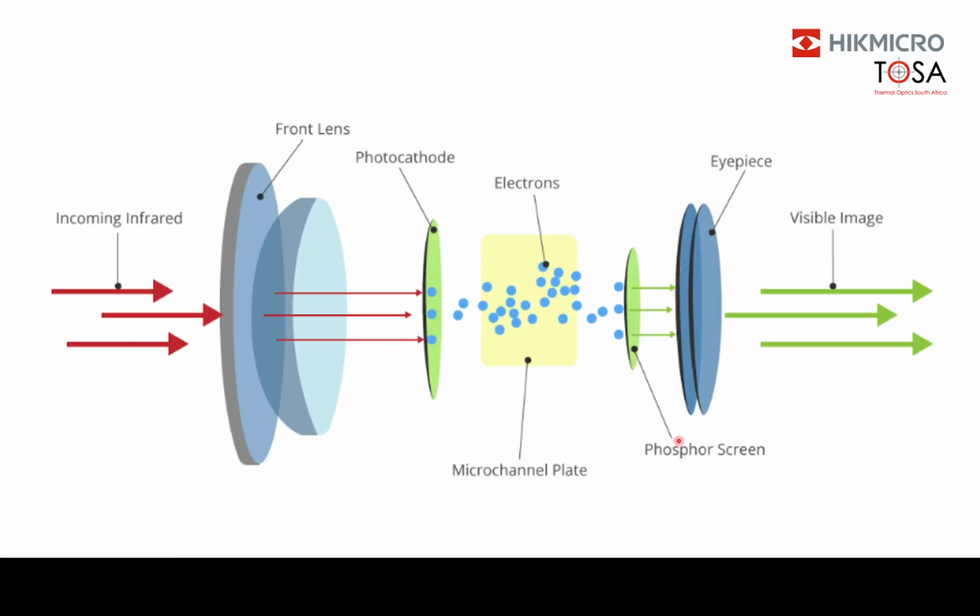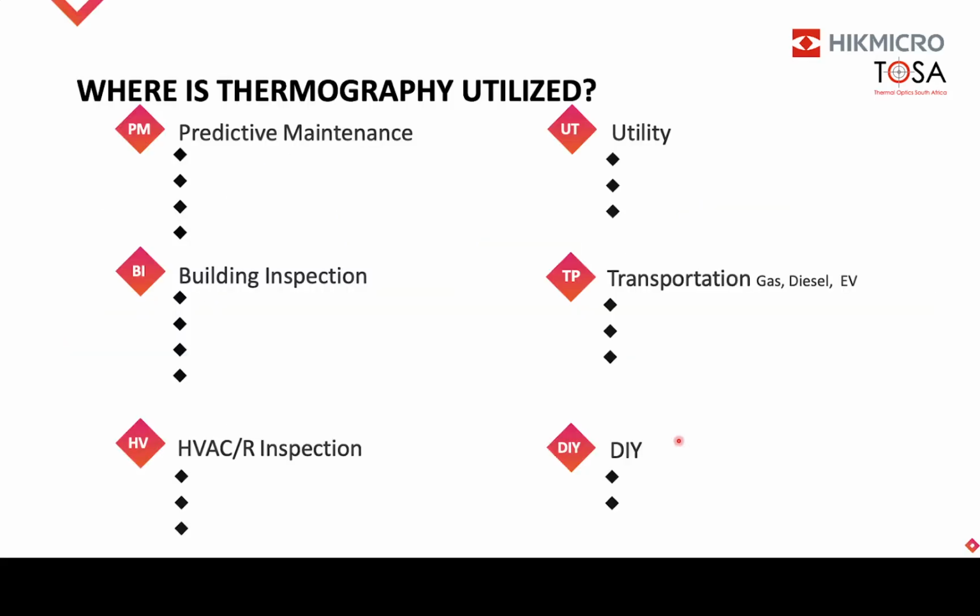When they hit the phosphor screen, and in our case this is actually a color screen, it becomes visible to the normal eye, as we saw with the visible light. And on the right hand side, those little green arrows are the visible image that we see from the phosphor screen.